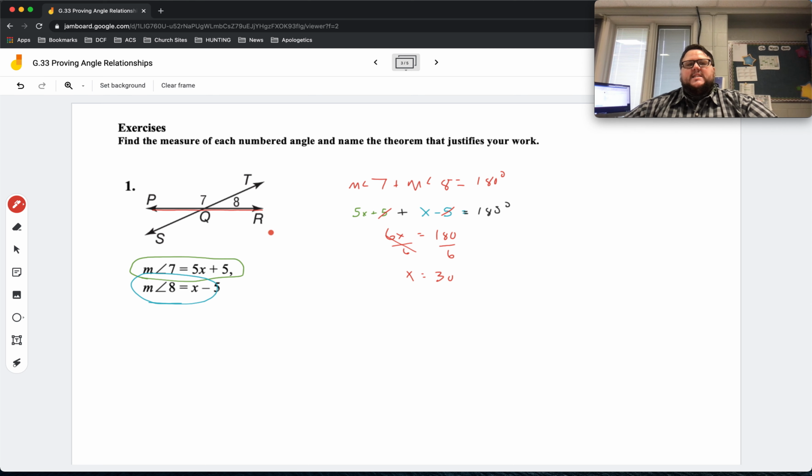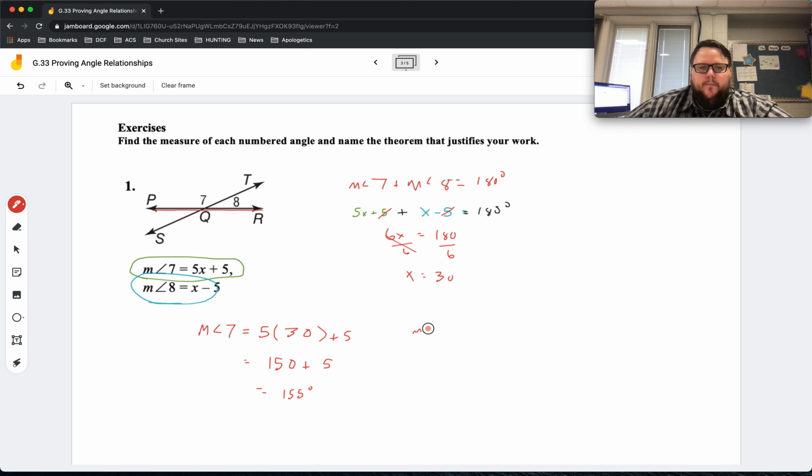Now notice, this is not the angle measures. This is just telling me what x equals. To find the angle measures, I need to plug it back in. The measure of angle 7 equals 5x plus 5, but x is 30. So 5 times 30 is 150, plus 5 is 155.